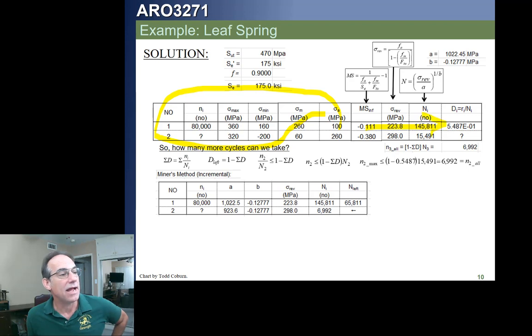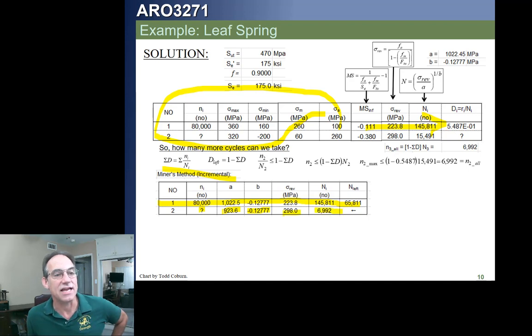But in Miner's incremental method, what we're going to do is calculate each row by itself before the next row. So we calculate N, A, B, stress rev, allowable, number of cycles left. Then we go down, we don't know what this is, but we're going to use the same B, and we calculate our new A. We're going to use that new A and the B to calculate this, and then get this from that.